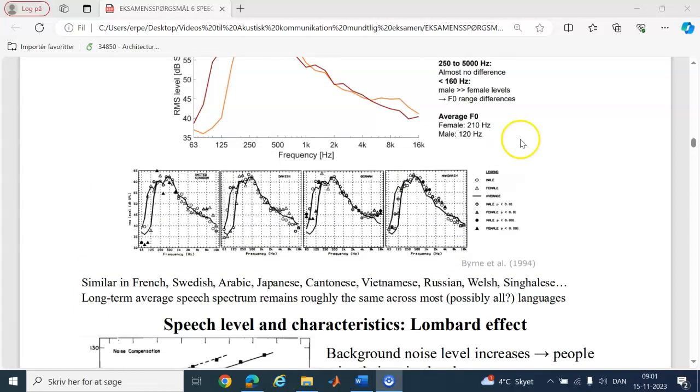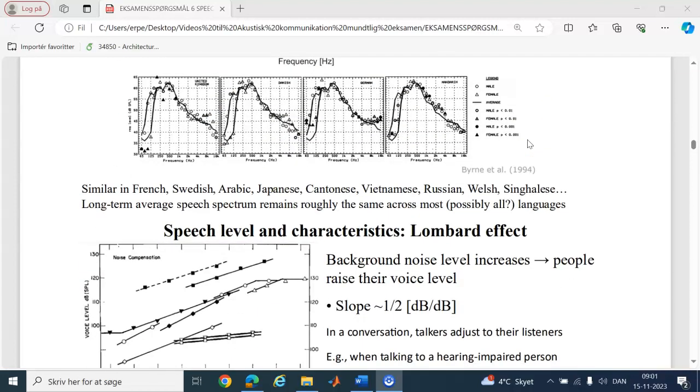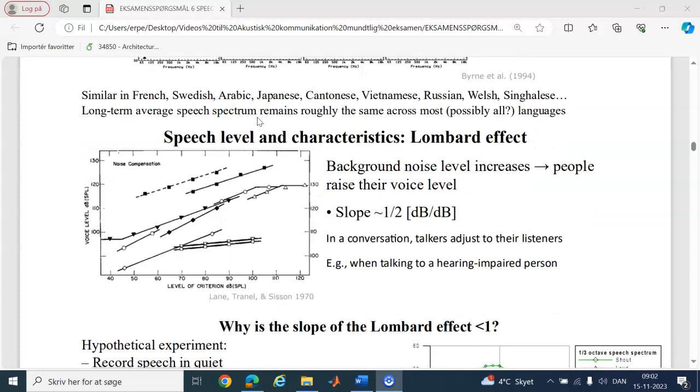There are similar long-term average speech spectra for many languages, similar in French, Swedish, Arabic, Japanese, Vietnamese, Cantonese, and so on. The long-term average speech spectrum remains roughly the same across most, maybe possibly all languages.